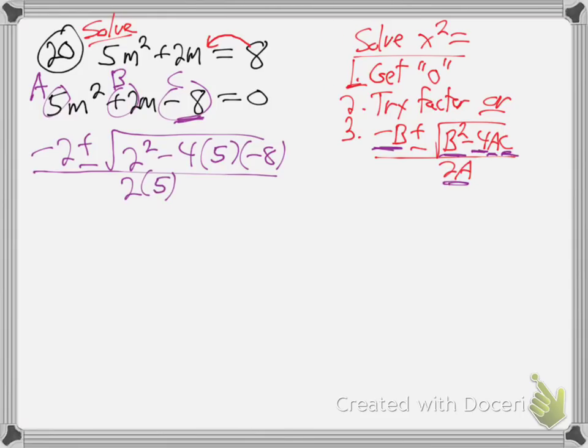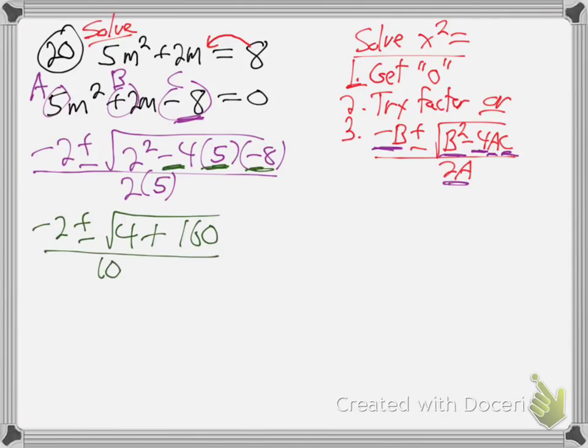Okay, so there's the quadratic formula. Let's work it out now. So that's negative 2 plus or minus square root of 4 minus times plus times minus. It's going to be plus, right? Two negatives make positive. Use your calculator. I think it's 160 all over 10.